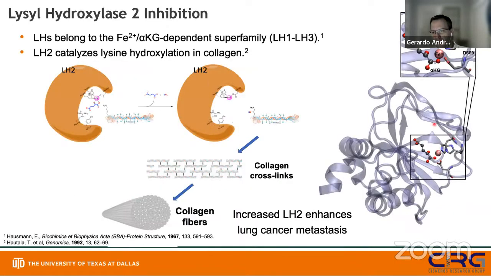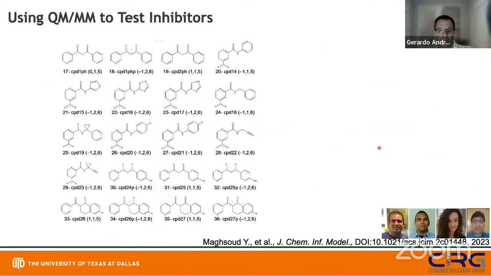So basically what we want to find is how these different inhibitors interact with the iron in the active site. So we basically want to plug the active site so the natural substrate alpha-ketoglutarate doesn't bind and the reaction cannot take place. So we tested around 36 different compounds.